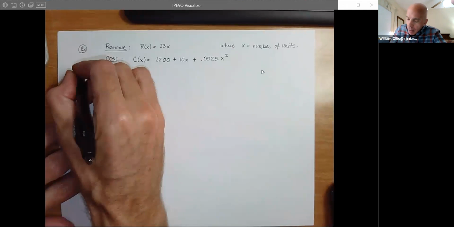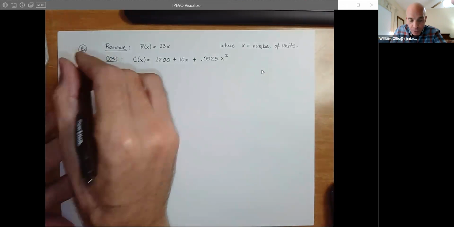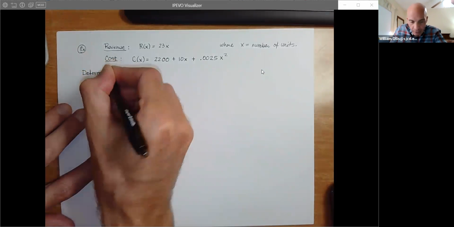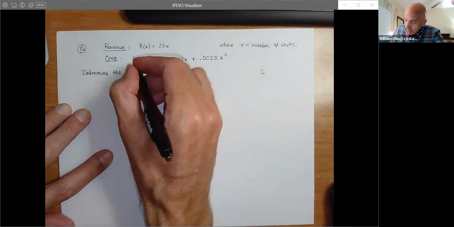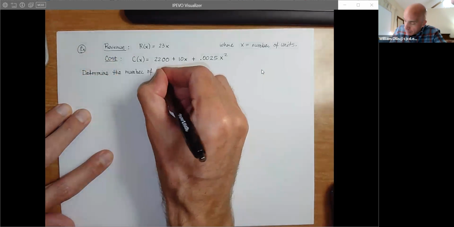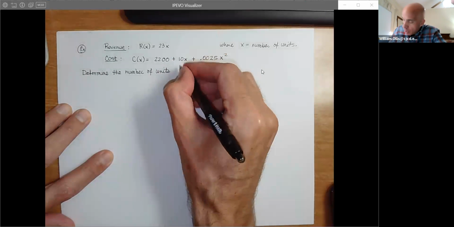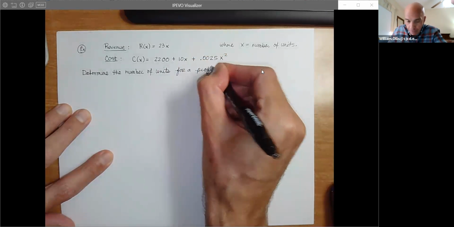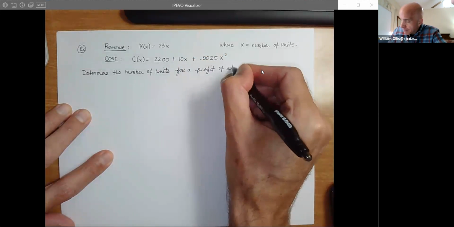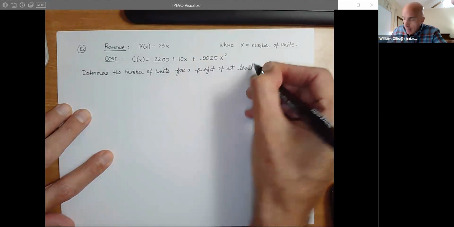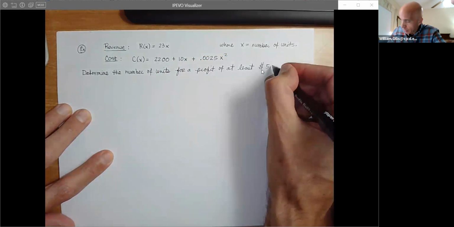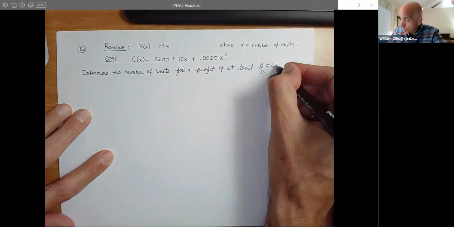Now, profit, and this is what the question says, determine the number of units for a profit of at least 5,000, and this number is not very unfortunate, even though it looks, $5,675.